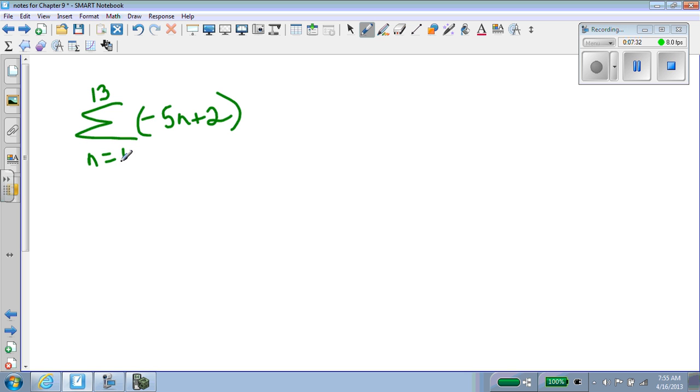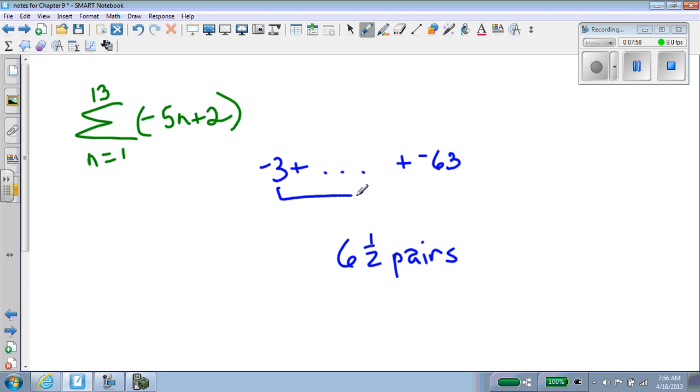Let's try an odd one. If I have terms from 1 to 13, I have 6.5 pairs. My first term would be -5 plus 2, -3. My 13th term would be -65 plus 2, -63. If I add those together, I get -66.